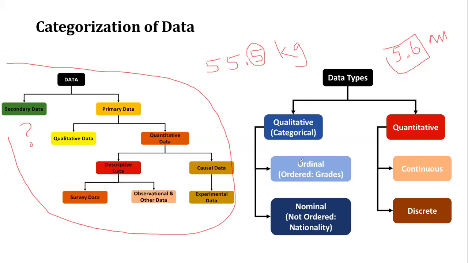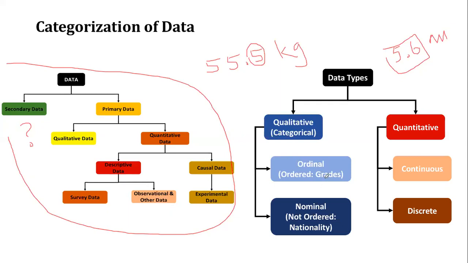For example, sex, male, female, that's qualitative data. And whether you had COVID, yes or no, that type of answer. If you had COVID, yes. If you haven't had COVID, no. So those are called qualitative data.